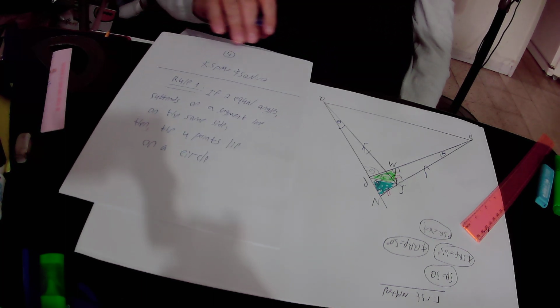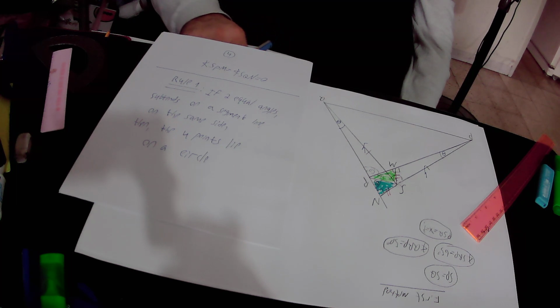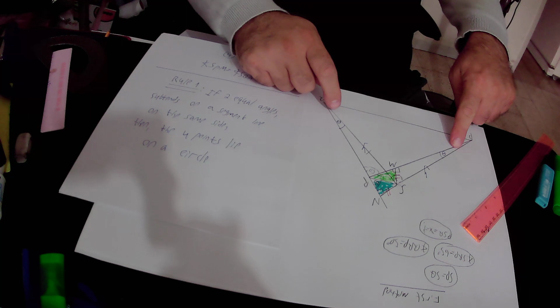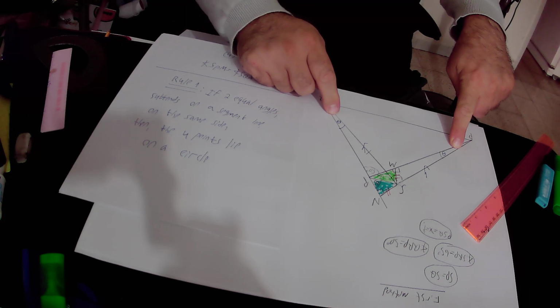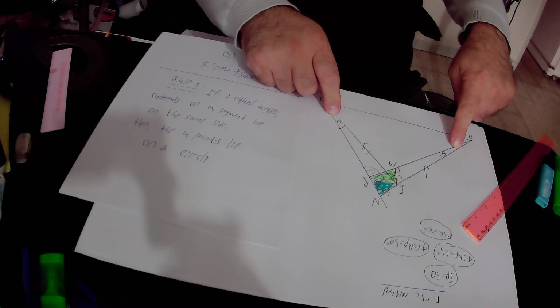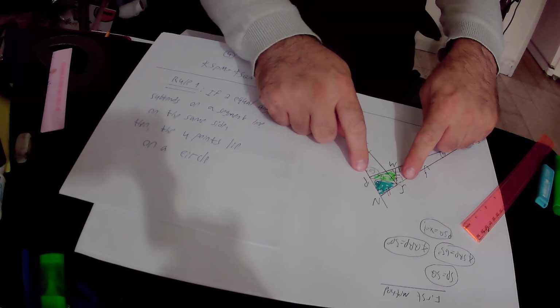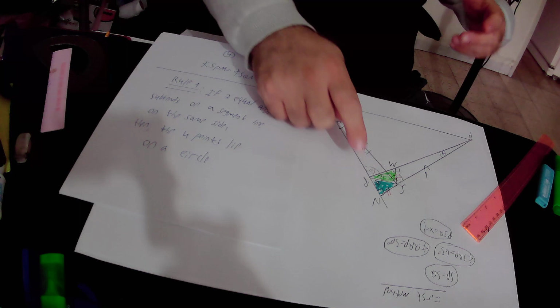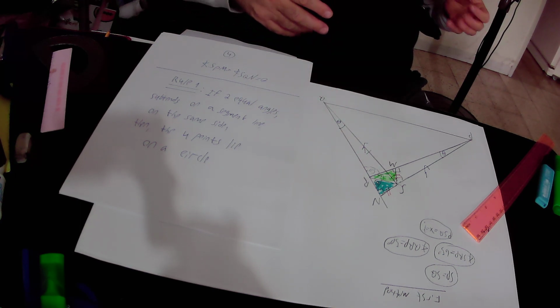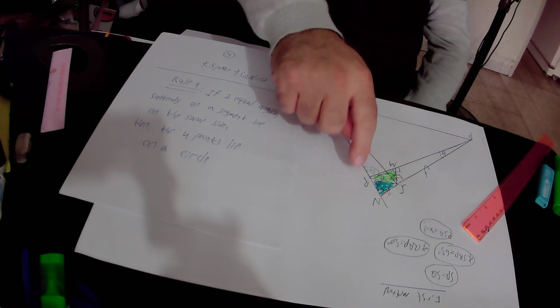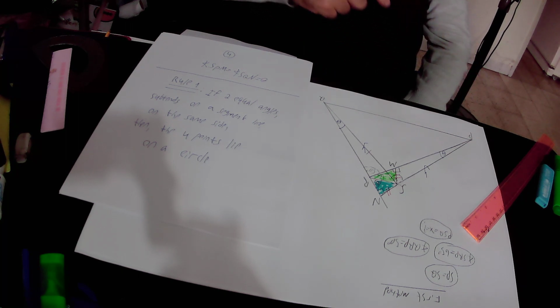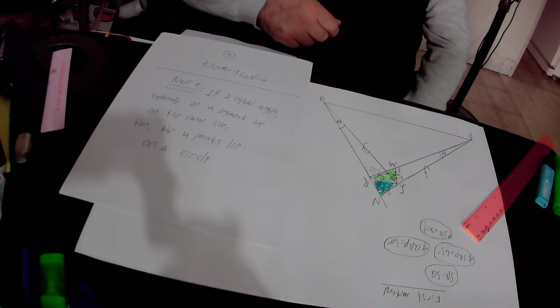So the meaning of rule number 1 is that if we have two equal angles, that is to say those two angles are both equal to theta, therefore they are equal to each other, and they both subtend on the segment line SR. Therefore, according to rule number 1, the 4 points S, R, Q, and P lie on a circle.